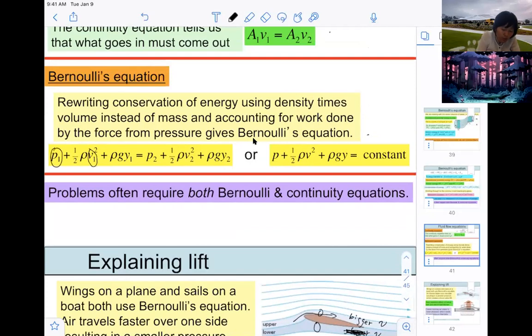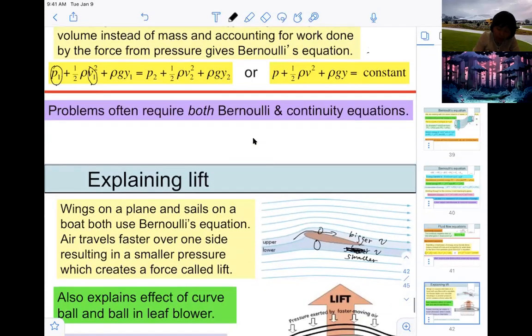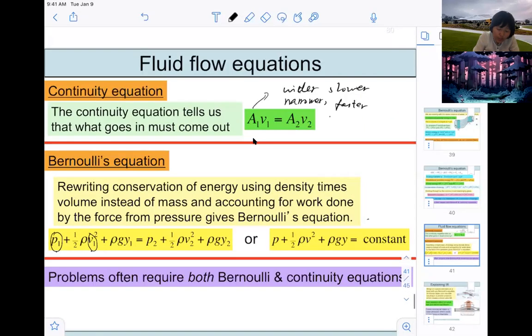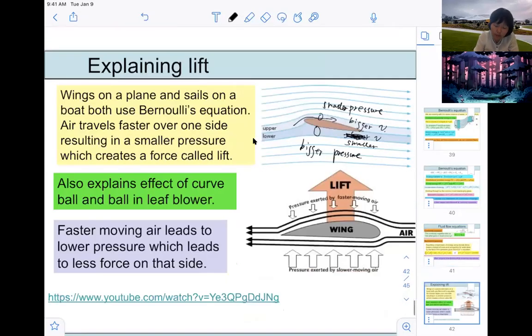So if V1 is smaller, then the pressure is bigger. Here, the velocity is bigger, meaning the pressure is smaller. Below the wing, the pressure is bigger. So you can see we combined the continuity equation and Bernoulli's equation to explain lift.